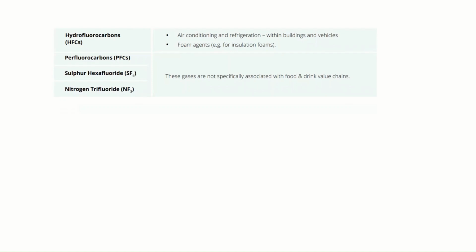The other three gases, the fluorocarbon, sulfur hexafluoride, and nitrogen trifluoride, are not related to the food and drink value chains. But if we are measuring the structural emissions for some other industries like mining or the automobile industry, then we will definitely see that these kinds of gases are also responsible, or are also emitting into nature.